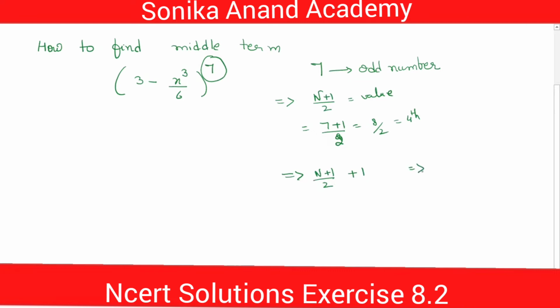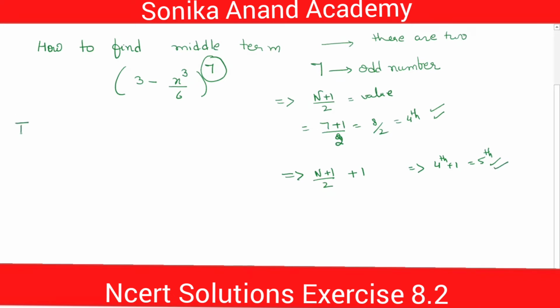That is the fourth value plus 1, that is the fifth value. So there are two middle terms in case of an odd number. So now the fourth term and the fifth term.